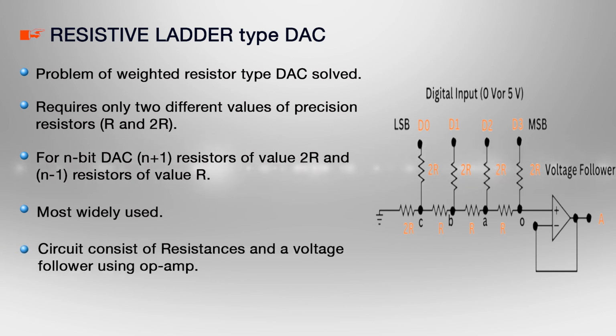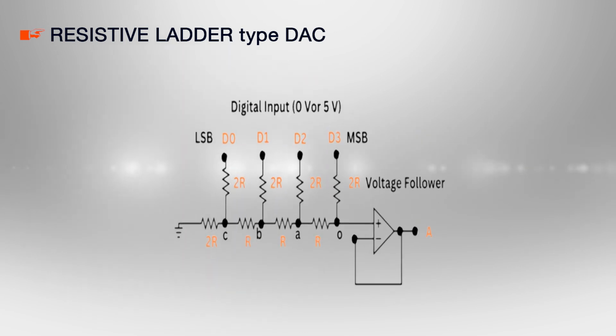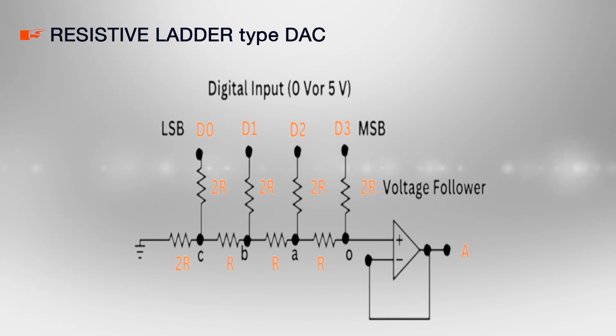The circuit consists of resistances and a voltage follower circuit using an op-amp. In voltage follower mode, the op-amp output is connected back to the inverting input terminal and the digital input is given to the non-inverting terminal through a resistive ladder circuit.